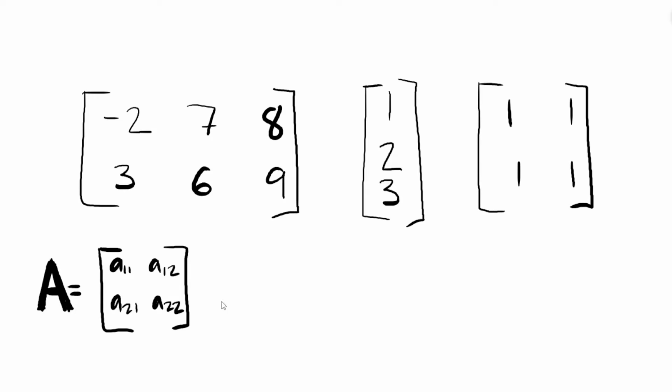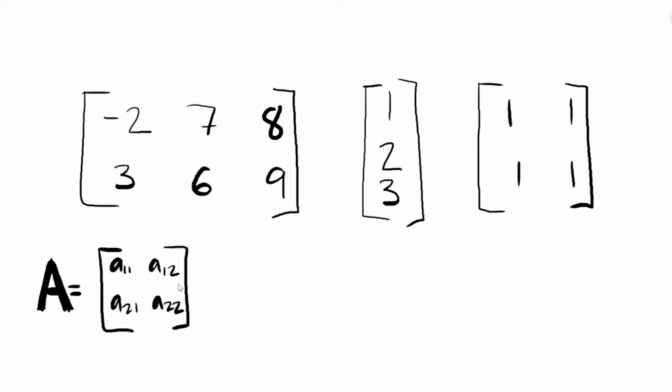And like you see, I wrote 1, 1, 1, 2, 2, 1, 2, 2. That is because these numbers just denote which spot in the matrix we are looking at. So 1, 1 is the first row and the first column. 1, 2 is first row and second column. 2, 1 is second row, first column, and 2, 2 is second row and second column.